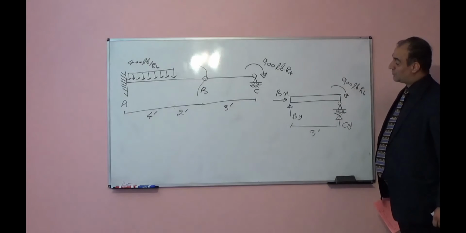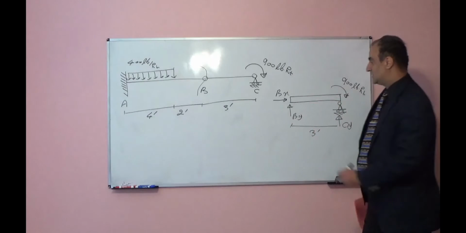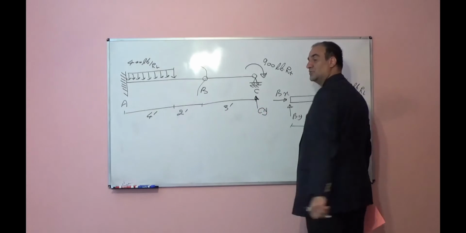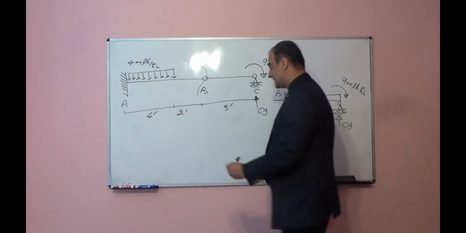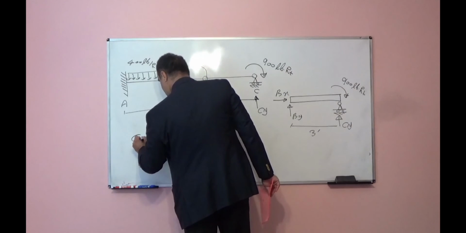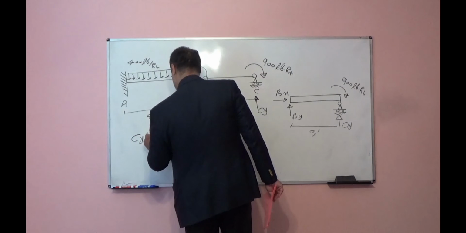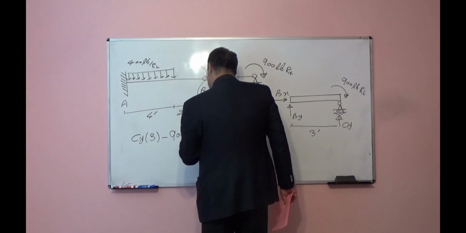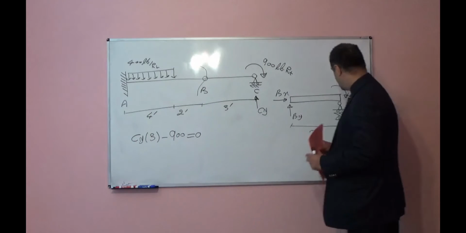If I take moment with respect to point B, here without a free body diagram, you can do that for the right side. Again, the same thing, Cy times 3 minus 900 is equal to 0.